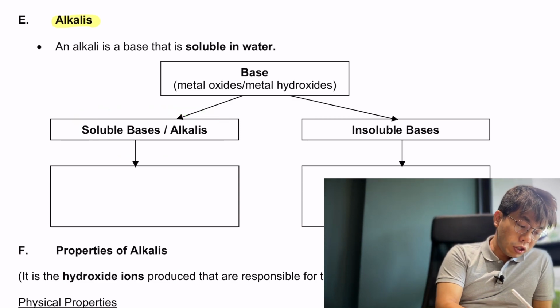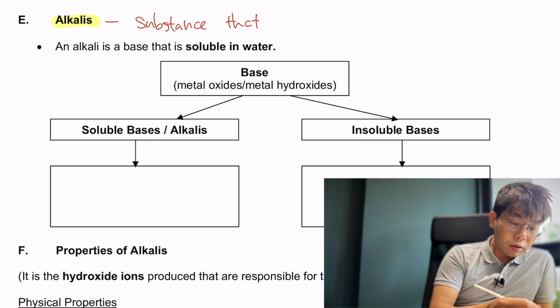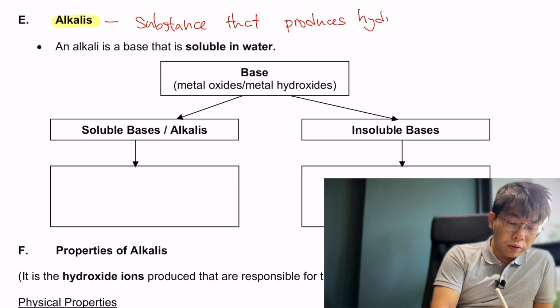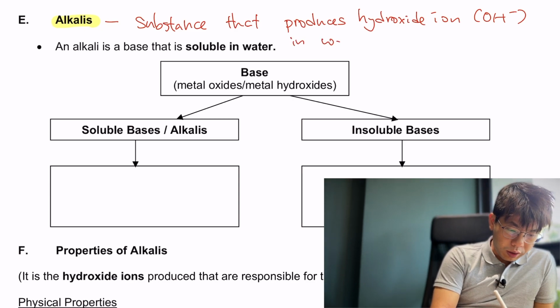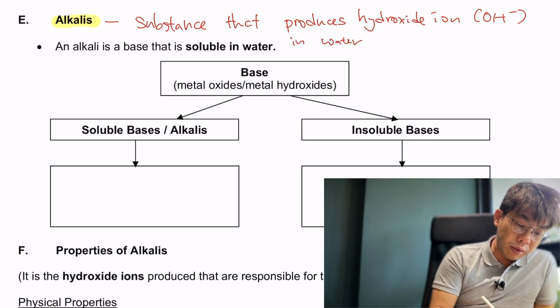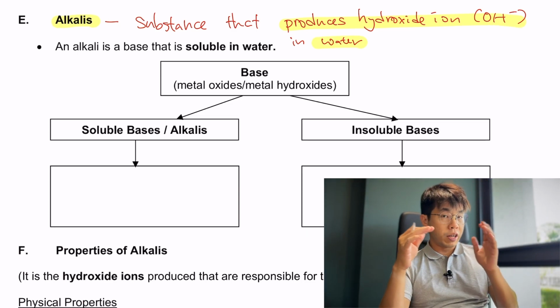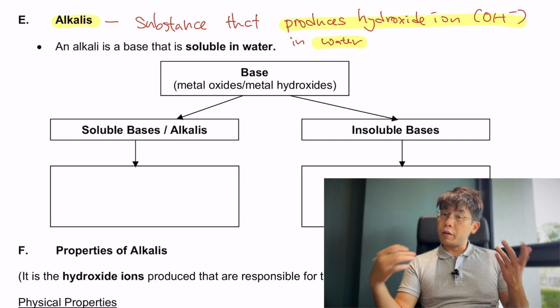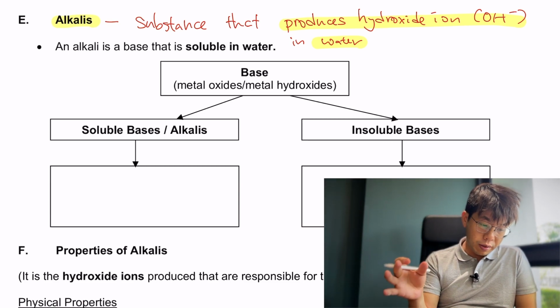So the definition of an alkali is a substance that dissolves in water and produces hydroxide ions, which is your OH minus ion, in water. This is very similar to the acid definition, except that instead of hydrogen ions, now we have hydroxide ions. So the alkali is a very special type of base.